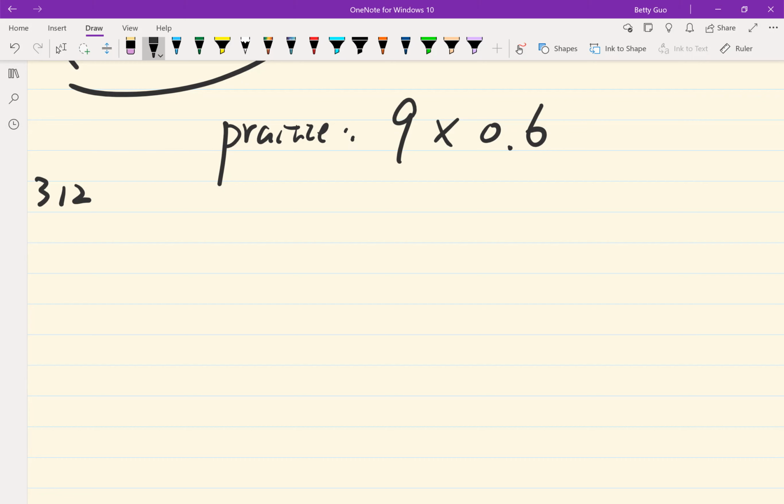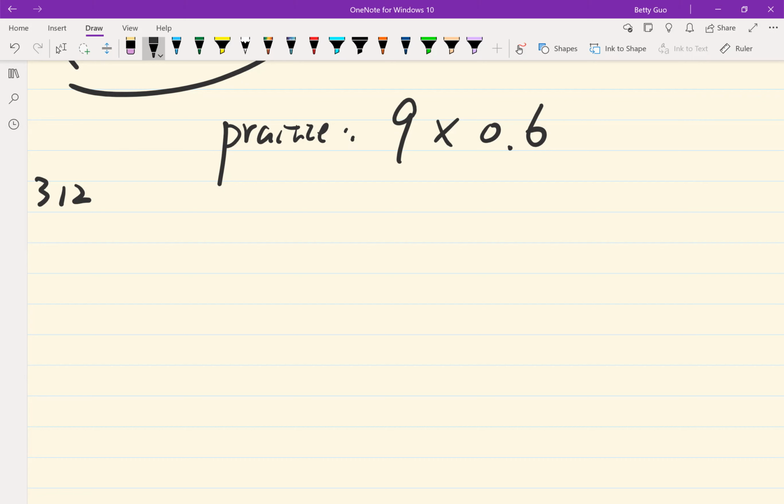I think the important thing is we make sense of the numbers. We are multiplying 9 by 0.6, right? Is 0.6 pretty close to 0.5? Is 0.6 very close to 0.5? Is 0.5 half?